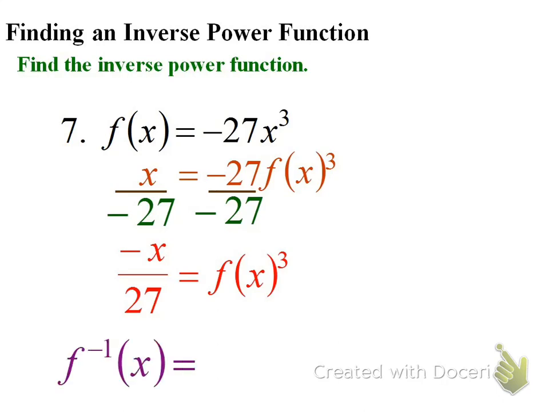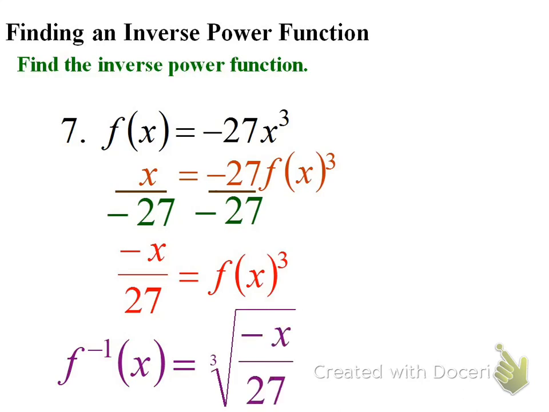So I'm going to take the cubed root of both sides. When you take the cubed root of this, that would just give you your y. But since we're talking about the inverse, I just wrote in function notation and I added the negative one to show that this is not the original function. This is the inverse of that function. So this just went right here, and I can show it with a little more detail in a second. Let me get the full answer up there for you, though.